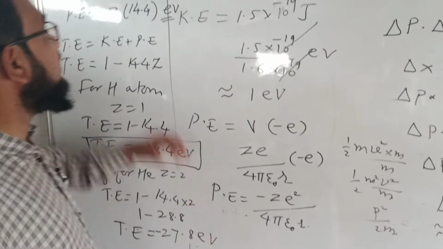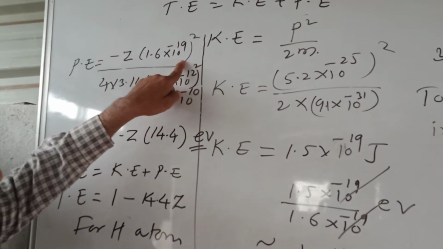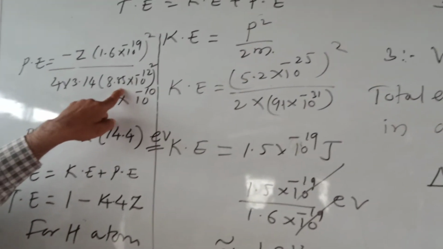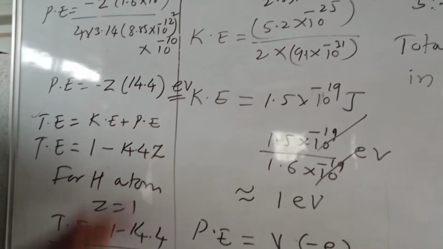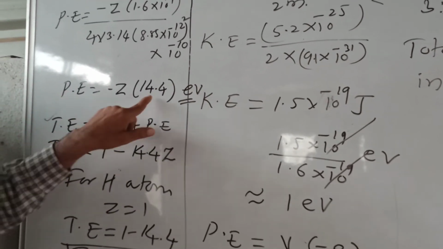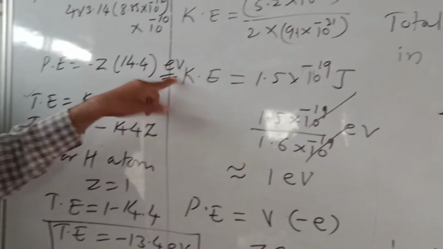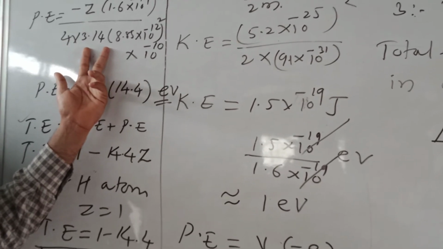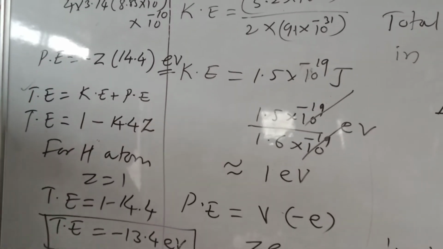Now I substitute e as 1.6 into 10 to power minus 19 coulomb, the values of pi and epsilon 0, and the distance 10 to power minus 10 meter, the atomic distance, and I get the answer as minus 14.4 electron volt. Here you get the answer in joule, so divide that answer by 1.6 into 10 to power minus 19. I am keeping Z as it is.